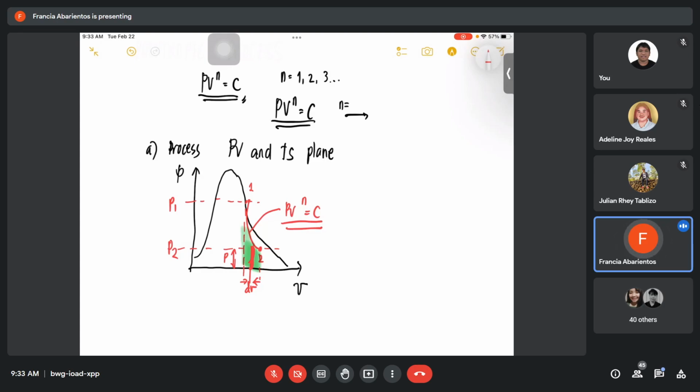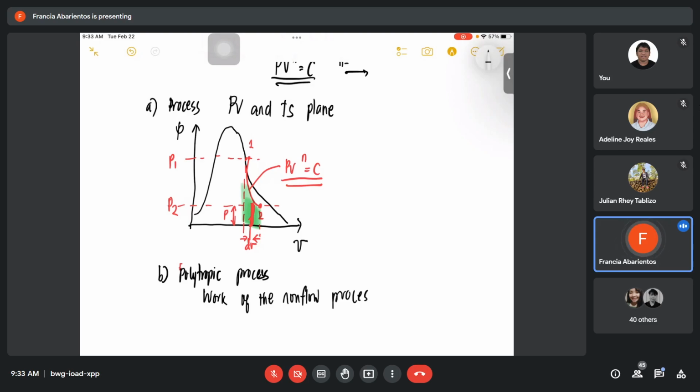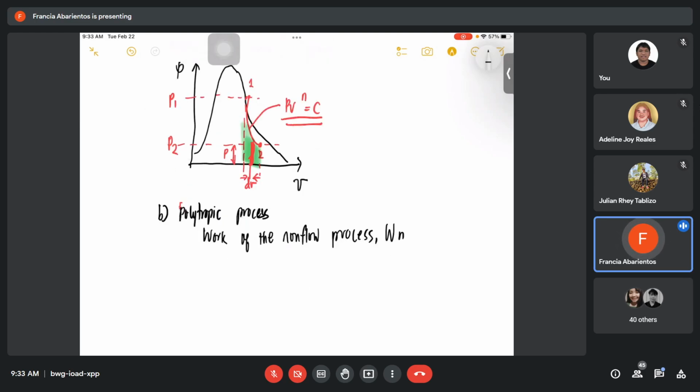In a polytropic process, letter B, using that, pag dinerive mo yung equation na yan, yung work natin sa non-flow process, we have this work N. The polytropic process is defined as PV raised to N is equal to C, in an equation. So, we have now the work of the non-flow.